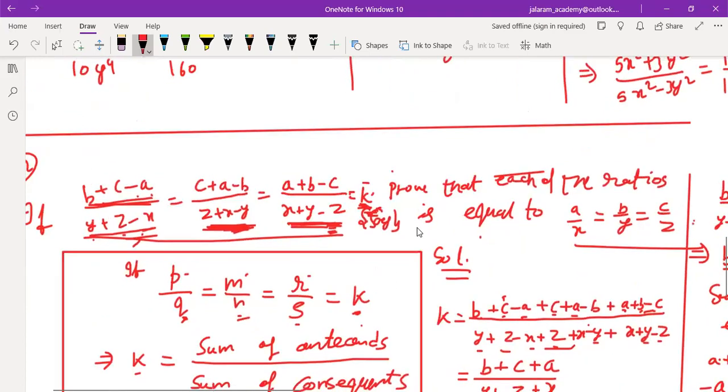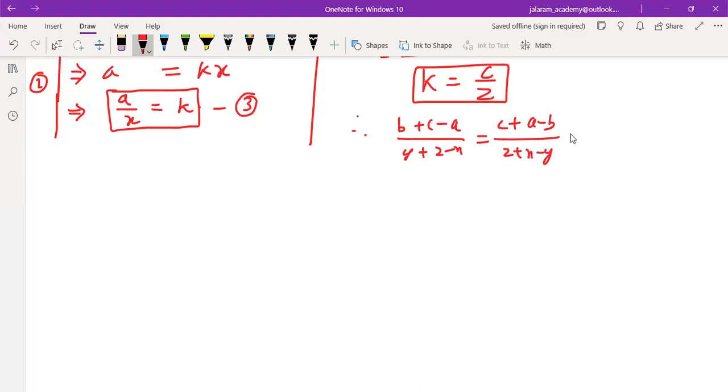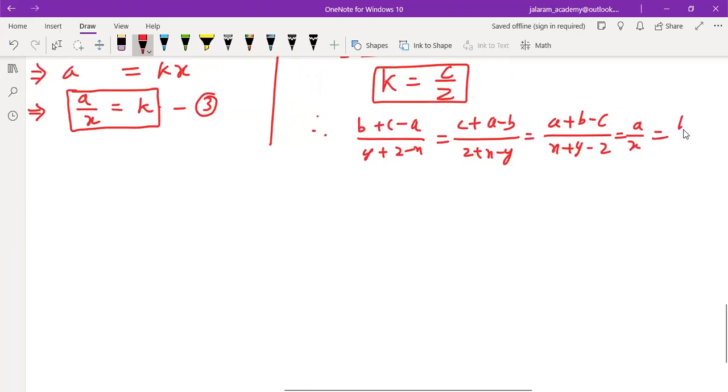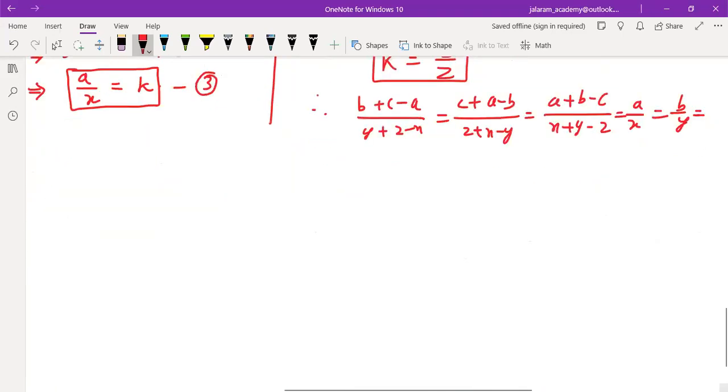So we write once more, which we have to prove: b plus c minus a over y plus z minus x equals c plus a minus b over z plus x minus y equals a plus b minus c over x plus y minus z equals a by x equals b by y equals c by z.